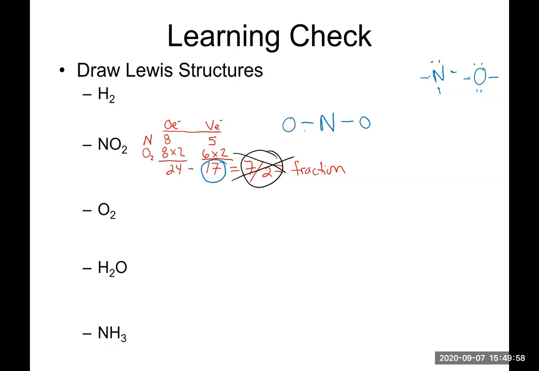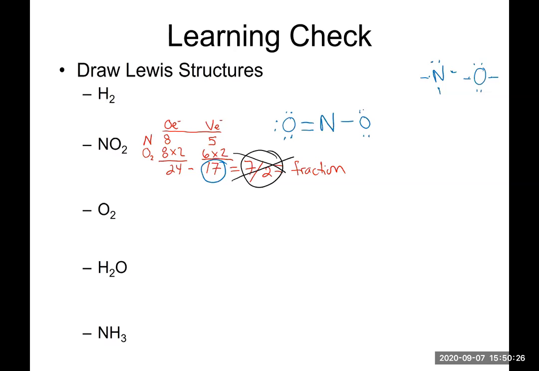We could do that by putting a bond here, giving that oxygen 2 bonds, and this gives nitrogen, the other oxygen, 1 single bond. That uses up 2, 4, 6 out of the 17, and so we have 11 more electrons to put around this structure, and so we can put 6 of them here.